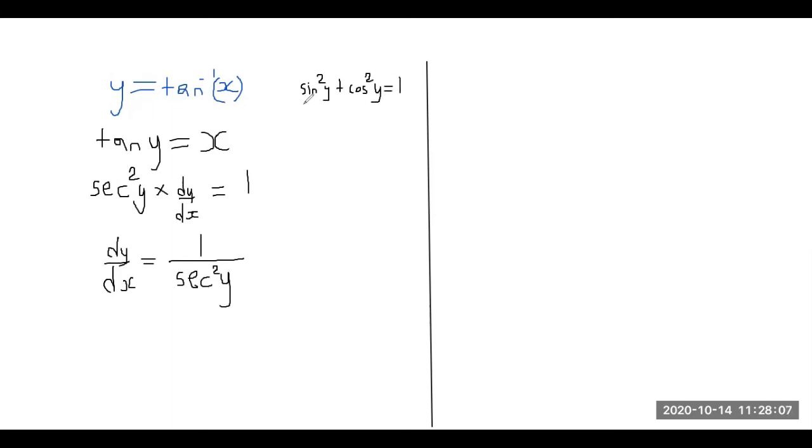If we divide the entire equation by cos square y, what we get is sine square y over cos square y, which is tan square y, plus cos square y over cos square y, which is 1, and 1 over cos square y is sec square. And so what we're getting is that tan square y plus 1 is sec square.